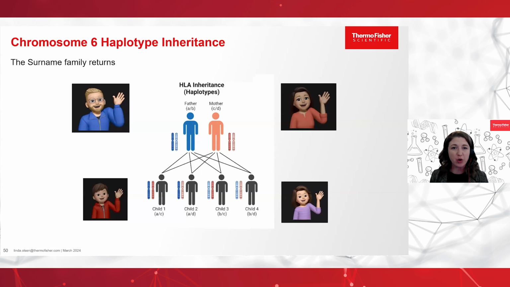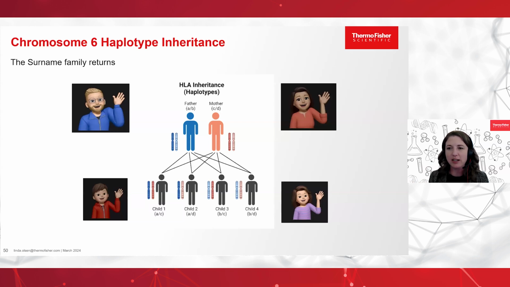So, if you joined us for our last webinar, we have the surname family here, father and mother, who've passed on their chromosome 6 to a couple of children. Now, we think of haplotype inheritance because each individual has 2 chromosome 6s.